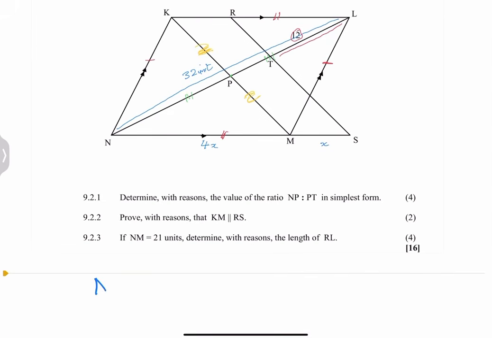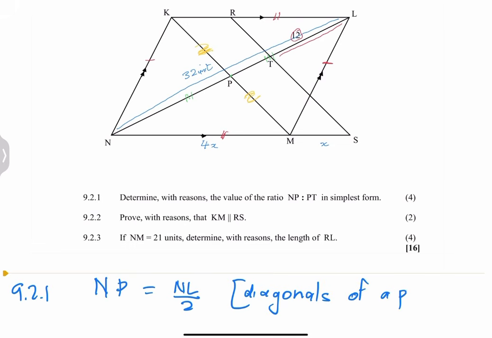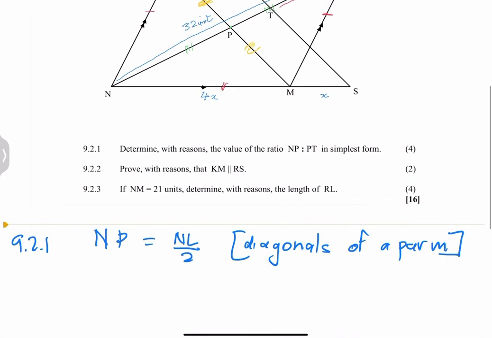So in this case, I know that NP is equal to NL over 2, because the diagonals of a parallelogram bisect. So the value of NP should be equal to 32 divided by 2, which is 16 units.